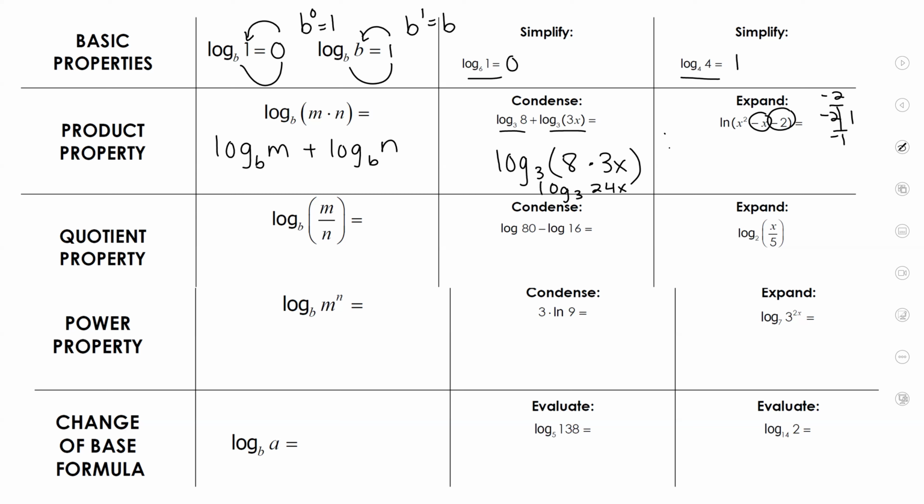So this can be rewritten as the natural log of x minus 2 times x plus 1. Okay, now let's go ahead and use the product rule. The product rule says when I have two things multiplied, I can write two different logs and add them. So this will be the natural log of x minus 2 plus the natural log of x plus 1.